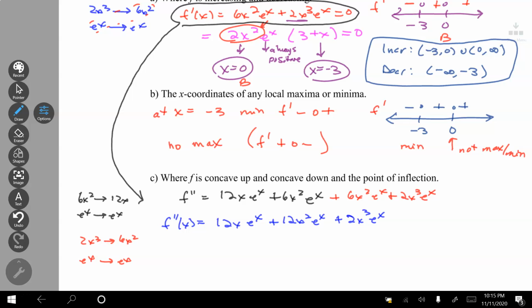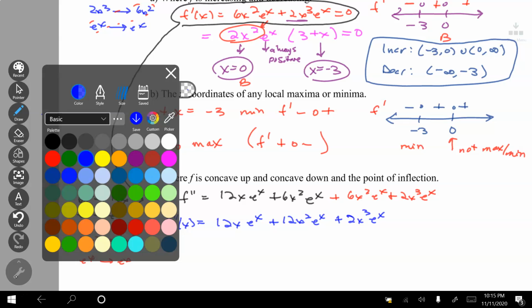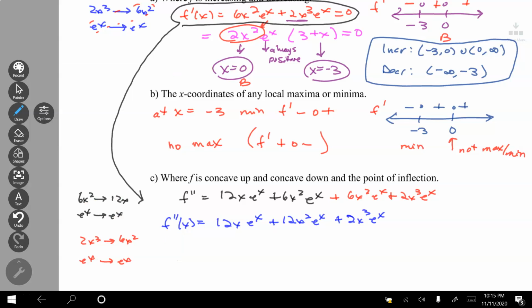And I'm going to write it in order. F double prime of x is equal to, I can take an e to the x out of here, 2x cubed plus 12x squared plus 12x. And then I can factor even more.